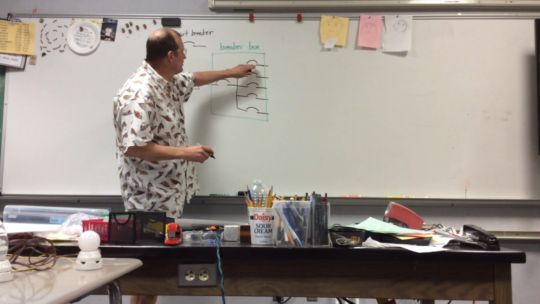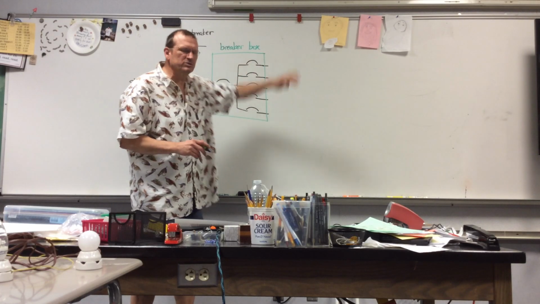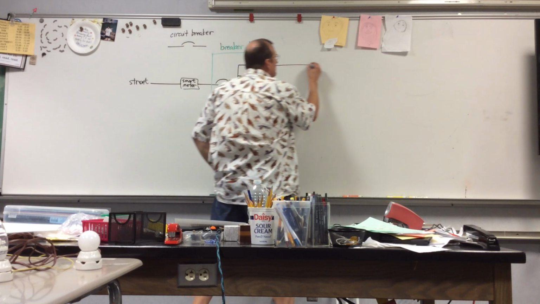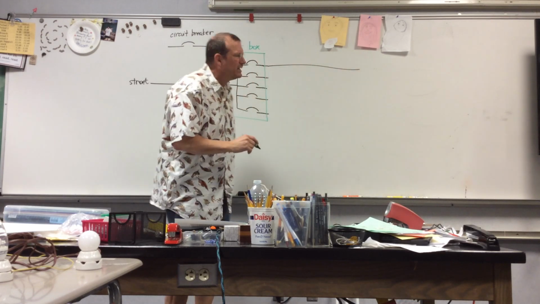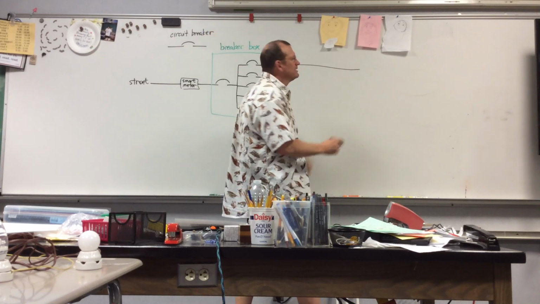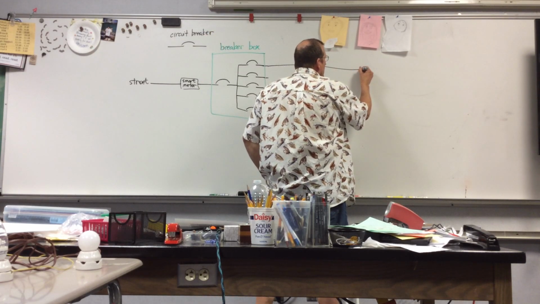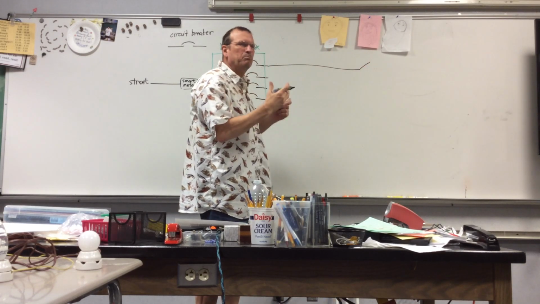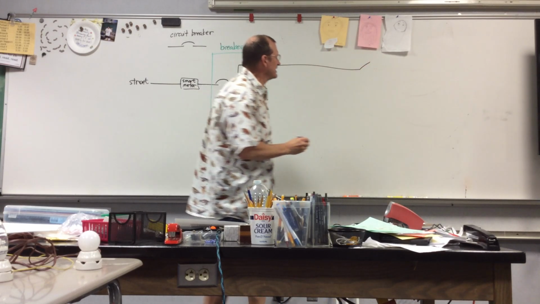Now, let's say that this particular sub-circuit goes out to a bedroom. Now, once it goes out to a bedroom, in the bedroom, this will split into a variety of different plugs and light bulbs and things like that.